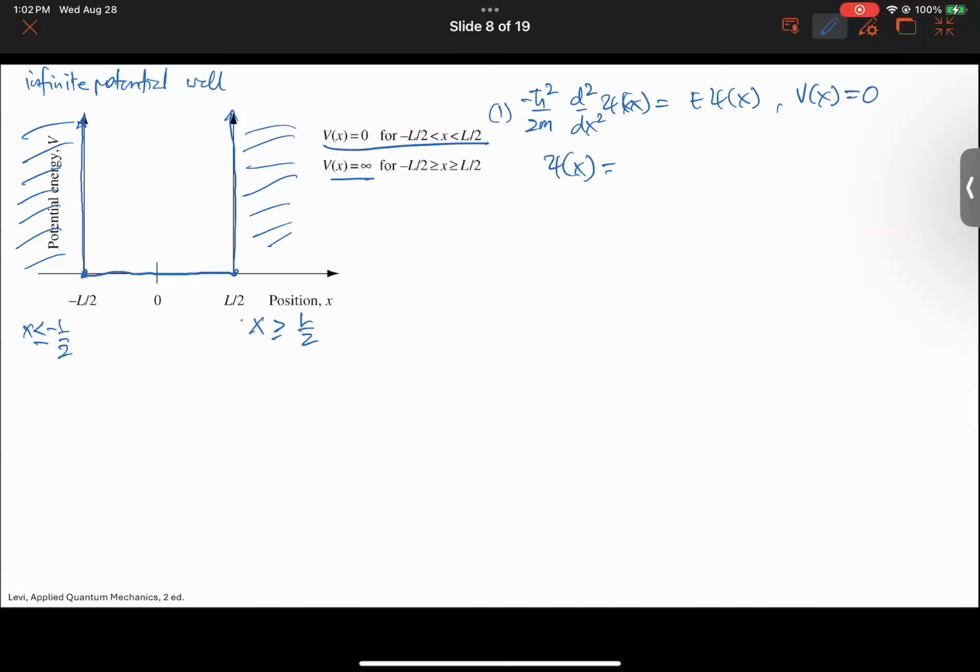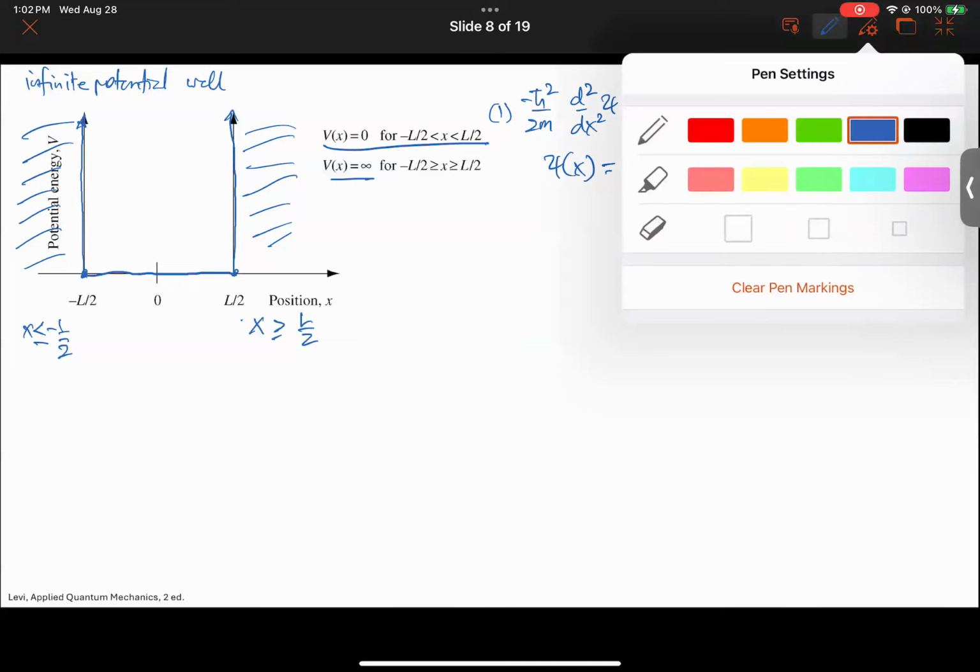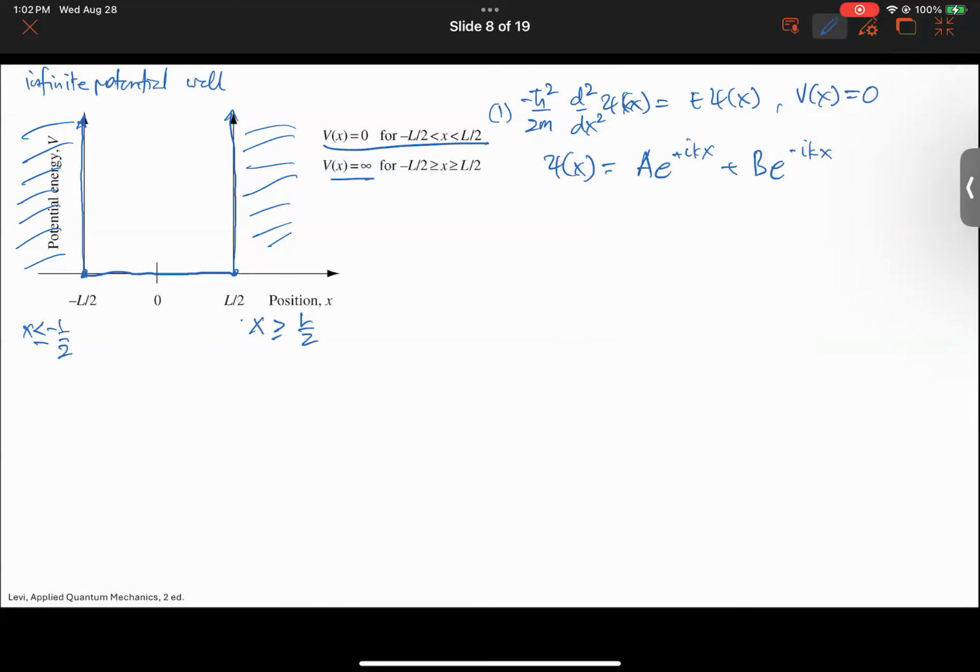So we write it as A exponential positive i kx plus B exponential negative i kx. I just prefer the positive one first.